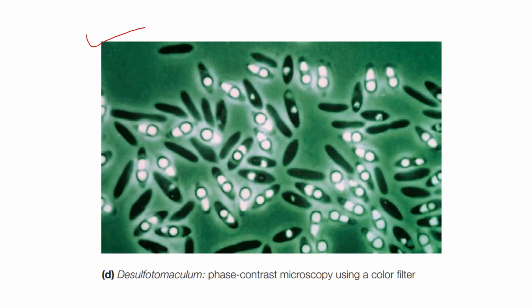Now, this image is produced by using color filters. Remember? Those color filters are used, and the dark bright image is transmitted into a green background with white cells. It's all because of color filters that we are getting a beautiful image of the specimen.